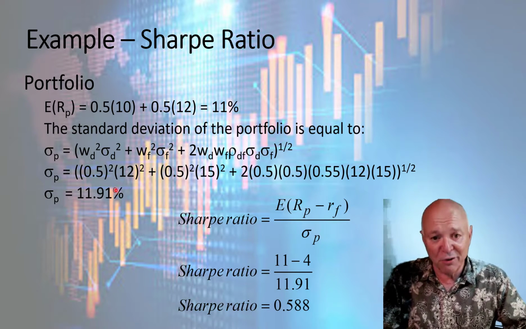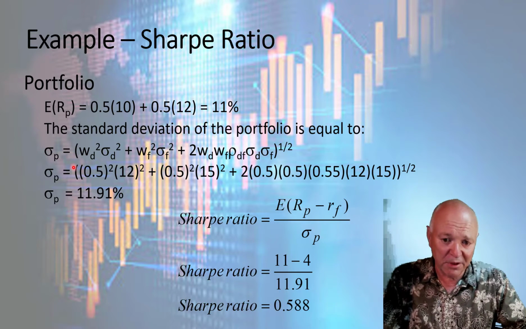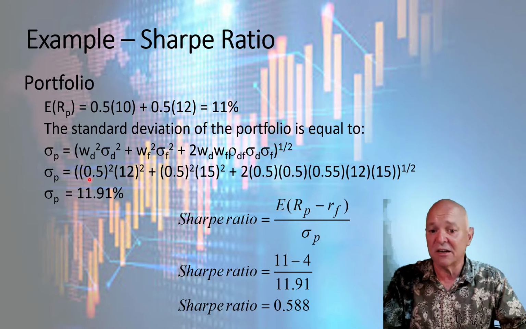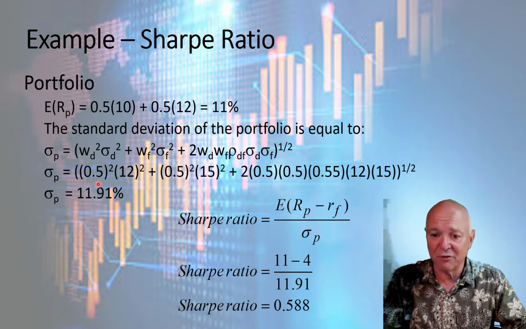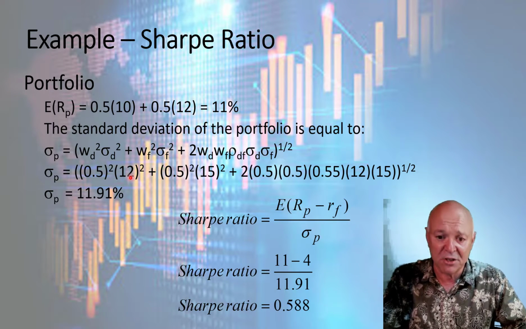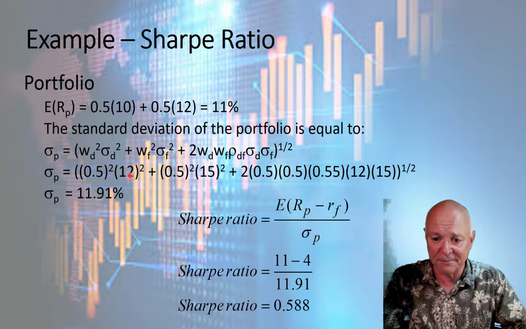The calculation of the portfolio standard deviation, the formula that we recognize, the very awkward and painful one, essentially says we're going to take 50% of our return from the domestic market with a standard deviation of 12%.